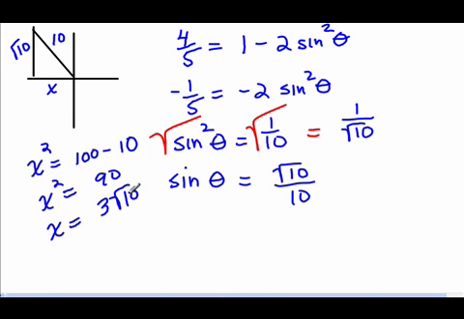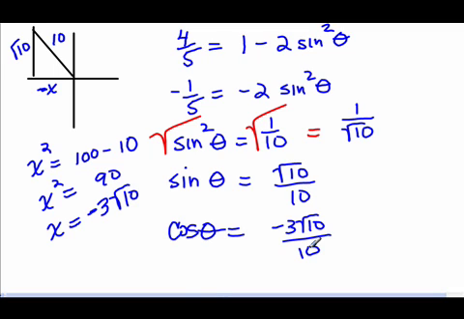And in a sense, you'd have to think, since you're going to the left, negative, it'd be negative 3 root 10. So with that, we can now come up with cosine and with our tangent value. Cosine theta, which is x over r, that would be negative 3 root 10 over r, which is 10.